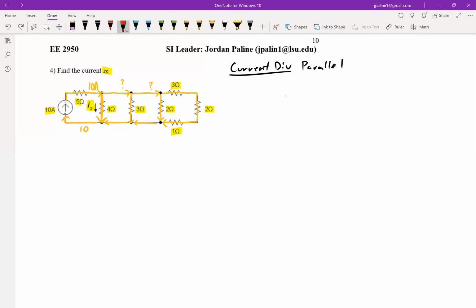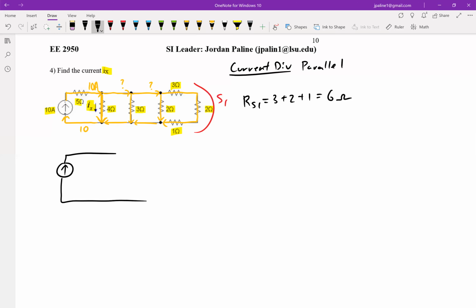So let's say that these three here are in series 1. Our series 1 will be 3 plus 2 plus 1, which will give us 6 ohms. And I promise you guys, the drawing will cease within about 1 or 2 more SIs.